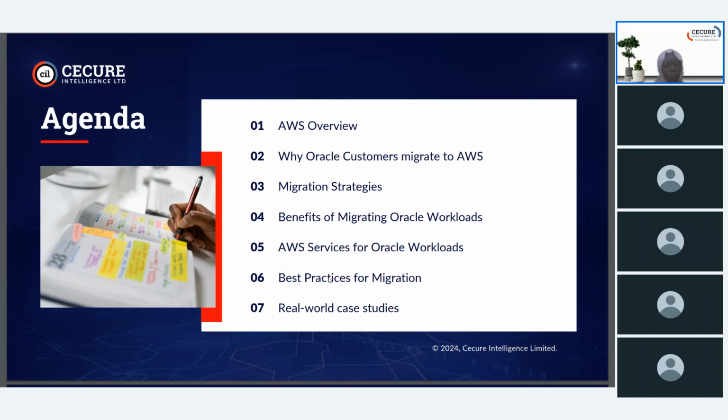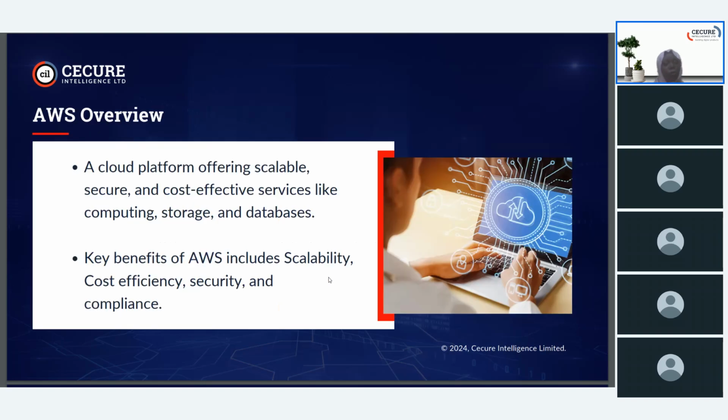So the first question that should be on everyone's mind is why AWS, and if it is not the first question, then it should be. So what is AWS? AWS is a cloud platform that offers secure, scalable, and cost-effective services like computing, storage, and databases.